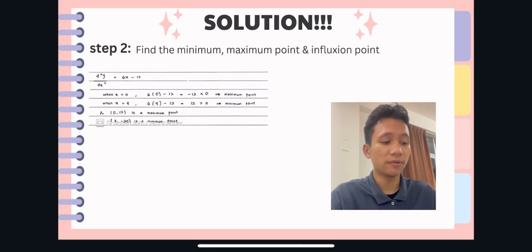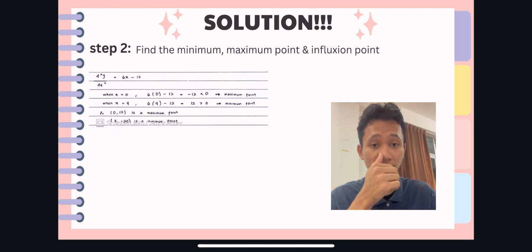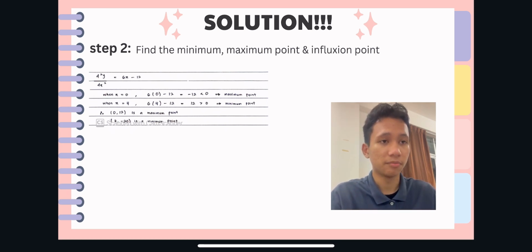So after finding the stationary point, we have to find the maximum and minimum point. After differentiating the equation, we differentiate again from dy/dx to d²y/dx². So for x equals 0 we get minus 12, which is less than 0.